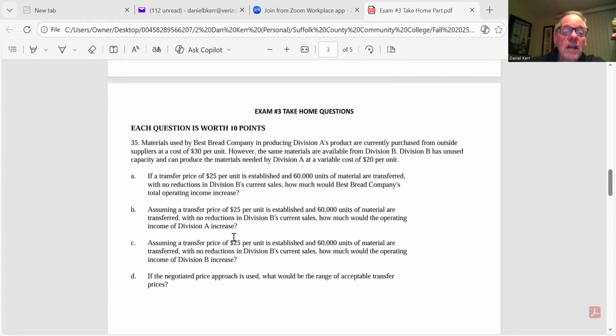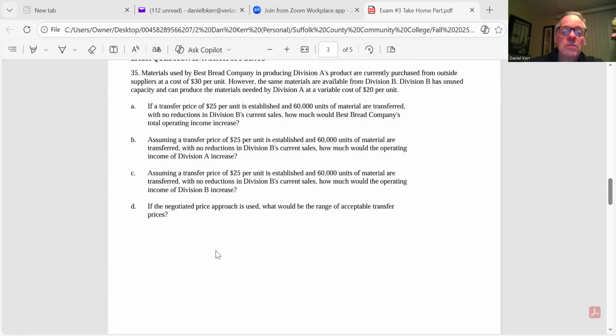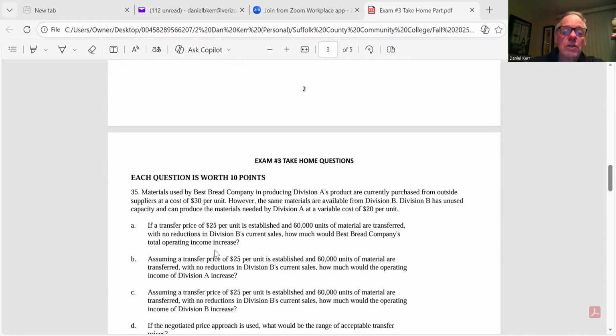So you've got the company as a whole in A, you've got to figure out the effect on Division A in B, and the effect on Division B in C. And then D, if a negotiated price is used, what would be the range of acceptable transfer prices? So remember, with transfer prices, there's always an acceptable range based on the information given. What is the acceptable range? So that's all having to do with transfer pricing.